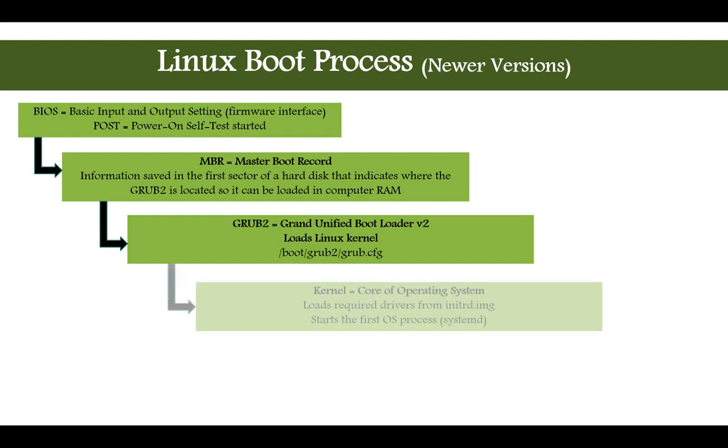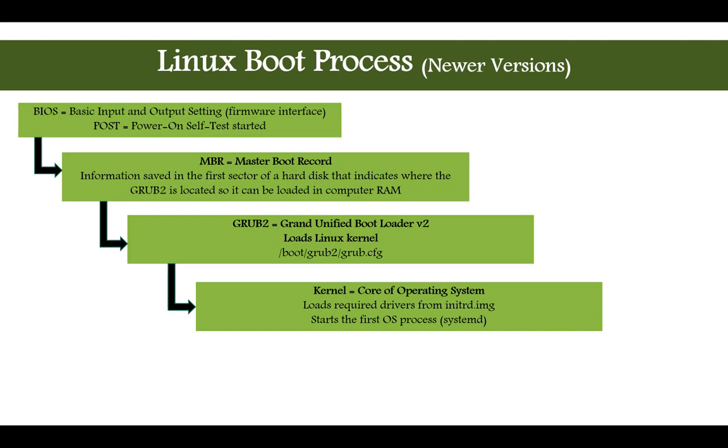All right, so now the kernel comes up. The kernel says, okay, GRUB asked me to start. The kernel is the core of the operating system. What it does is load the required drivers from the initrd.img file. The kernel's job is to load the drivers, meaning for every piece of hardware attached to your machine to work, the kernel has to communicate with that hardware.